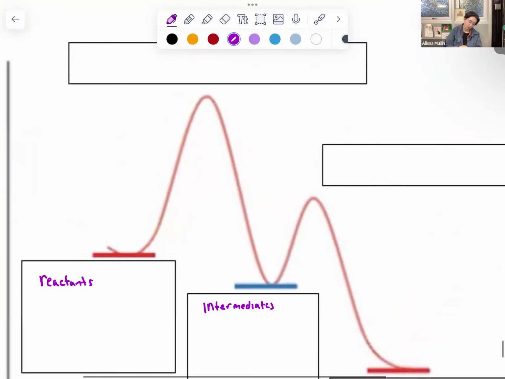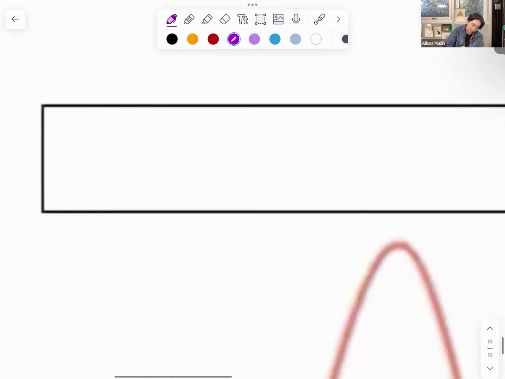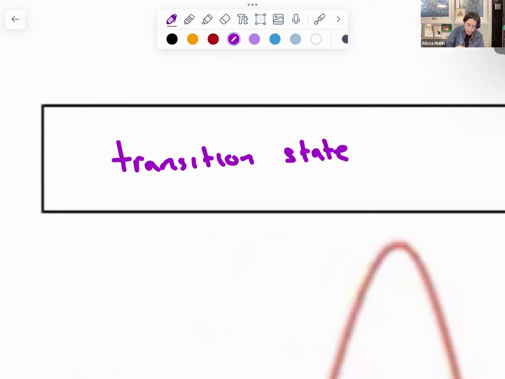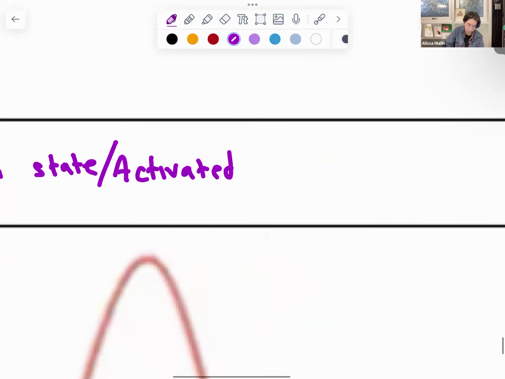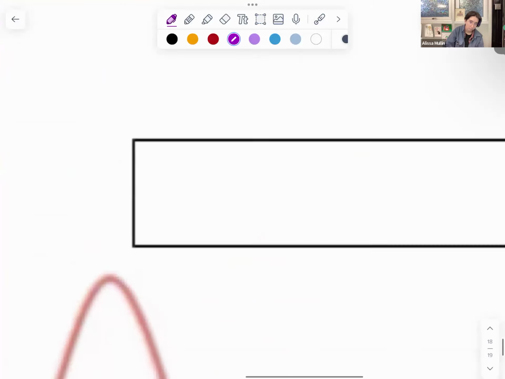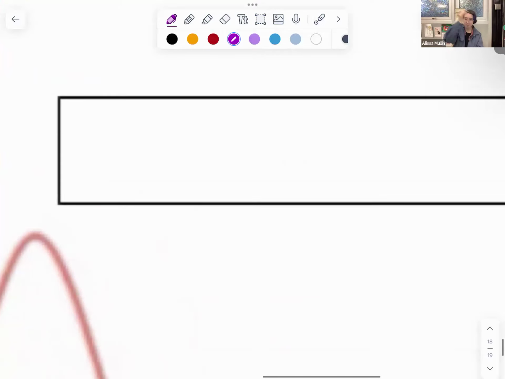On top of the hill, that's called our transition state. I tend to call it a transition state; I've seen AP call it an activated complex more often, so just be comfortable with both words. Then our second bump is going to be our second transition state, our second activation energy.